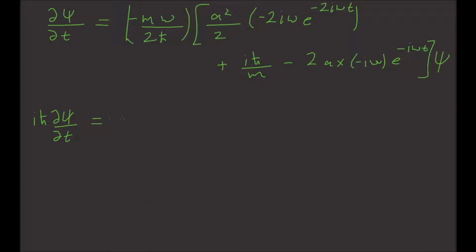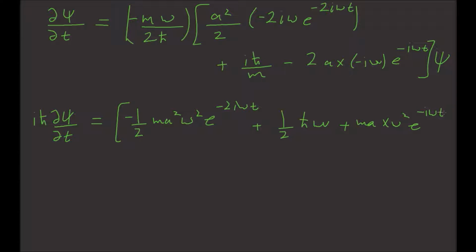If we do this, we get minus 1/2 m a squared times omega squared times e to the minus 2 omega t plus 1/2 h bar omega, this should look familiar, plus m a times x times omega squared times e to the minus omega t, of course, times psi.